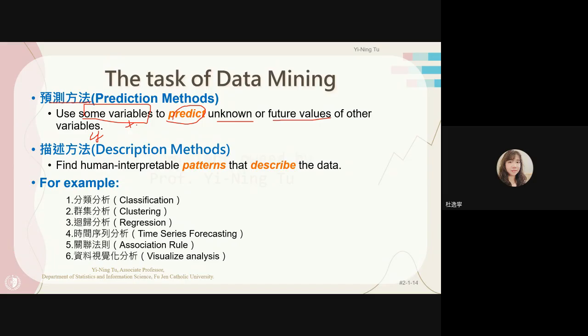Use some x independent variables to predict the dependent variable. The other methods, so this part we call that supervised learning. And this part we call that unsupervised learning. We want to do the descriptive methods, which humans can interpret. 我们可以解释的 patterns 常常出现重复的. When we mention the pattern, 一定是模式 repeat a lot of times, 常常重复出现, describe the data.